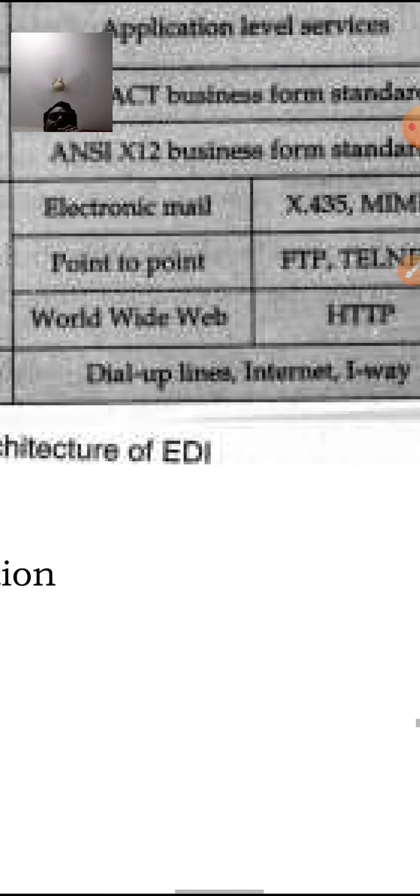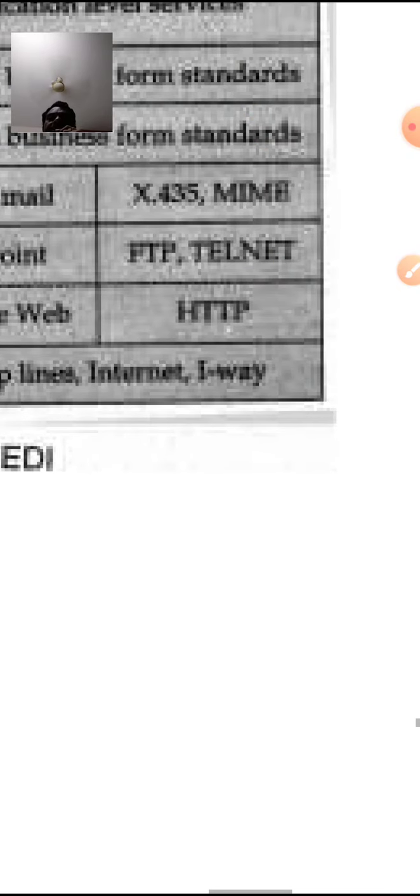In this transportation, they are using dial-up lines, or internet, or highway. All these types of technologies are used in the physical layer. Different application softwares or different systems are connected with the help of this physical layer only.